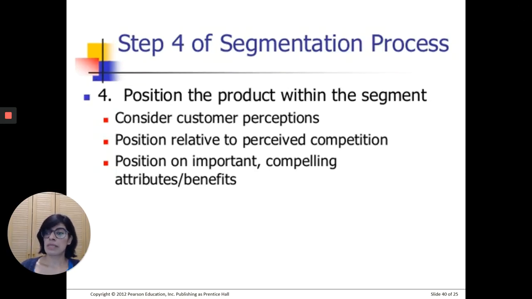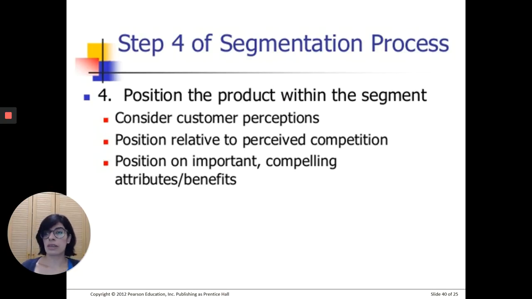So when you're segmenting, the fourth step is to actually position the product within that segment. So think about how the customer sees your product. What benefits do they see and what benefits do they not even realize? How is your positioning of your product compared to the competition that you have in the eyes of your customer?